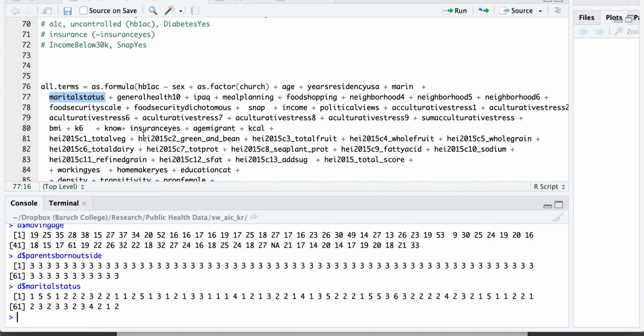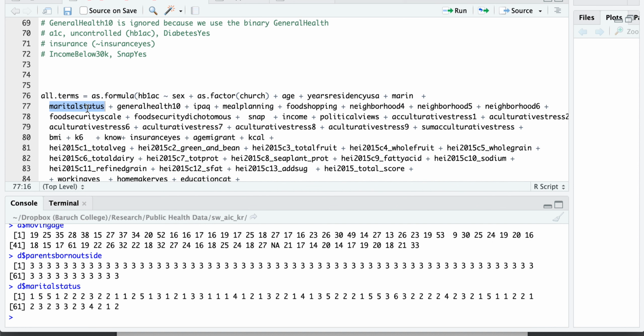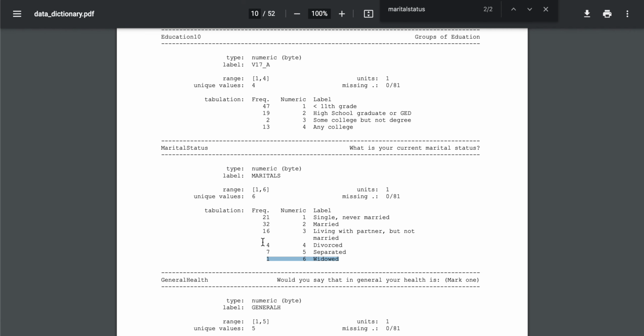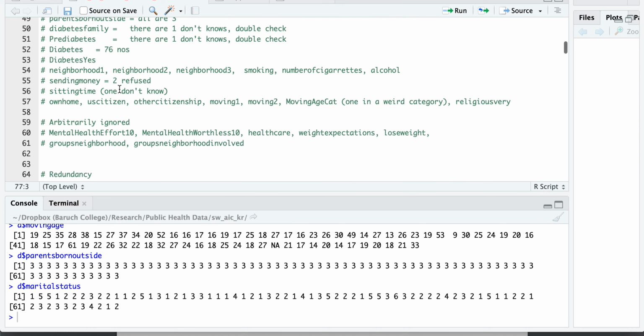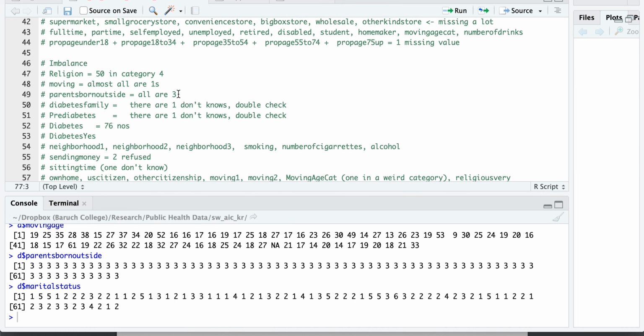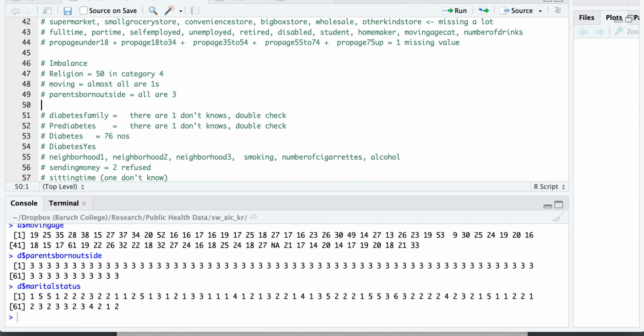Okay, because of this imbalance, I would just remove it, or I would collapse these 3: divorced, separated, widowed. I would have a conversation essentially with my colleague about this. But for now, let's just remove it. And since we are removing it, I just want to put it here where I am removing it. Okay, I'm removing it here.